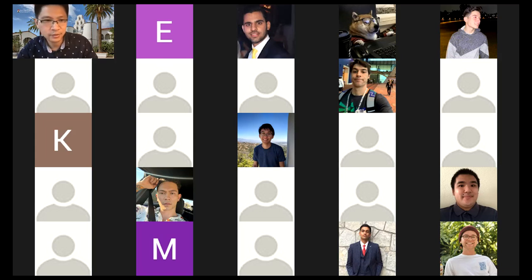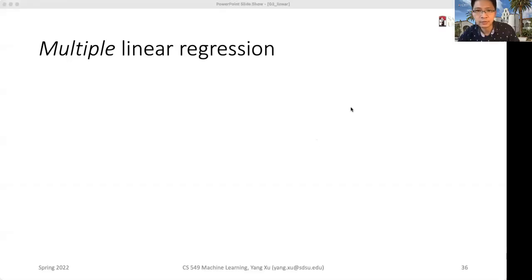Let me go to where we stopped last time, where we have our multiple linear regression. Oh, you can't see the question. I'm making annotations on my shared screen, but I wonder why it's not showing.